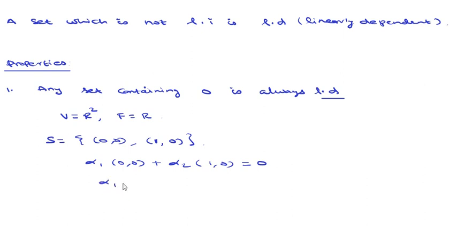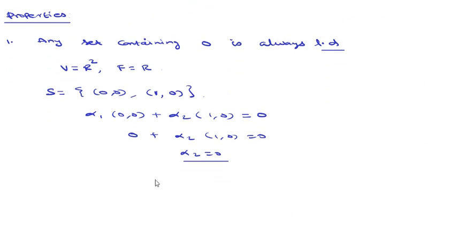Collecting the components, we have alpha 1 times (0, 0) plus alpha 2 times (1, 0) equal to 0. So here we have alpha 2 equal to 0, and alpha 1 can be any scalar.